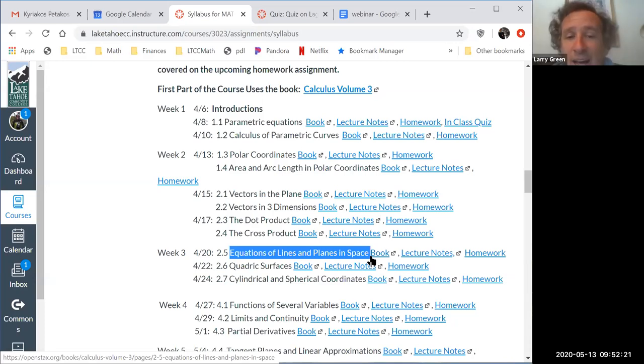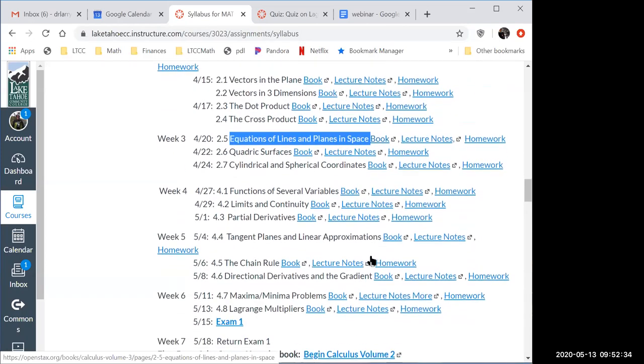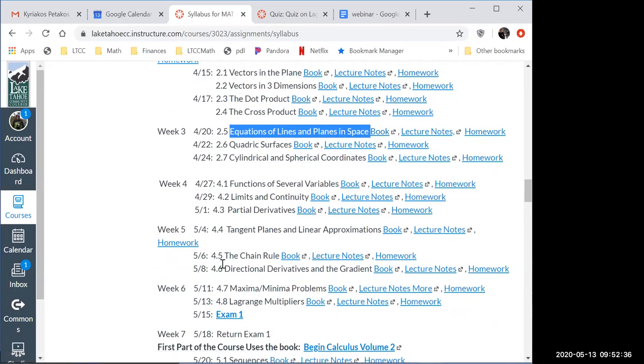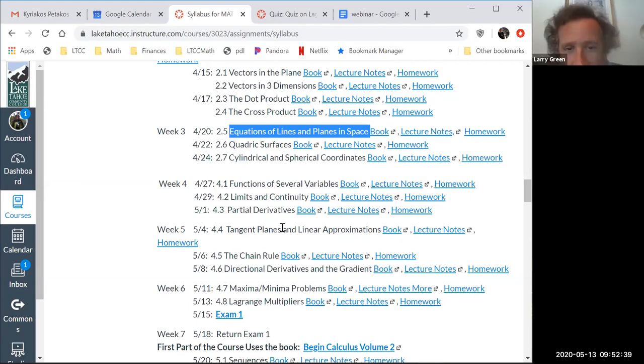So I wouldn't ask you a question that solely relies on this section. I'm thinking it's because we pretty much did the same thing later on. Yeah, right here. Tangent planes.